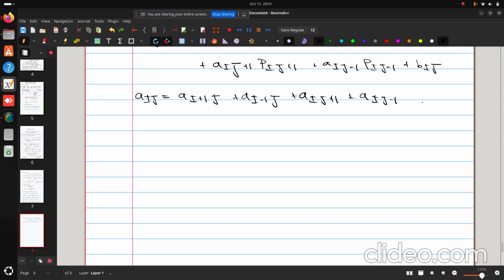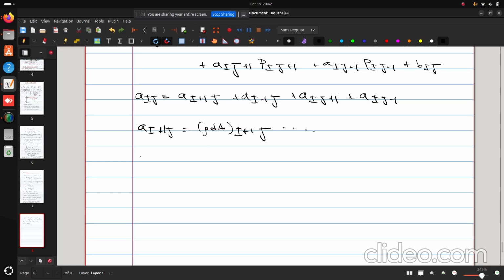And what will be the values of this? So A_IJ, for example, is nothing but rho d A, capital I capital J, sorry, and so on.